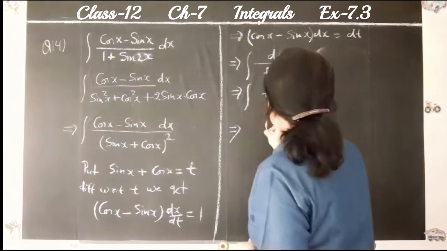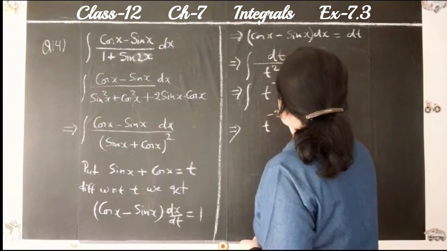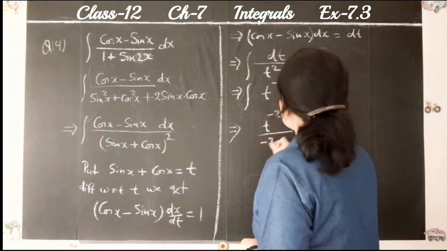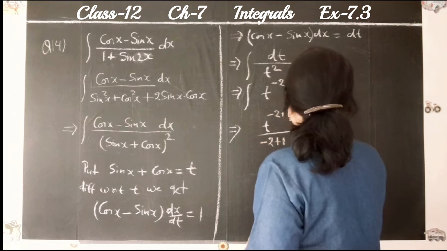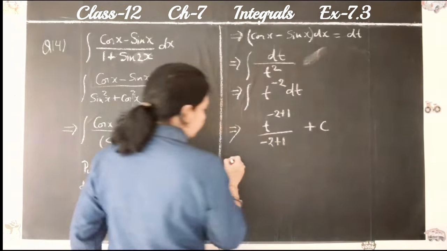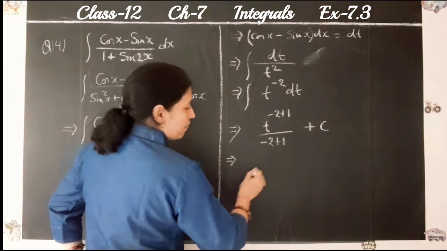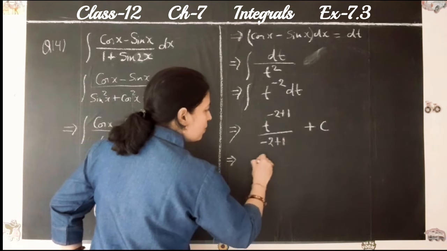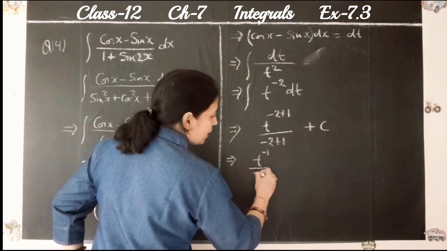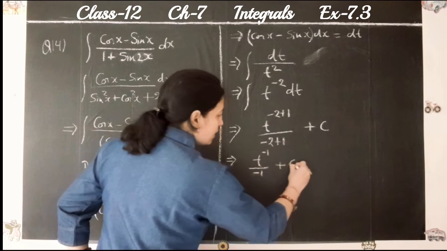So it will be t to the power minus 2 plus 1 divided by minus 2 plus 1, and write a constant c. Then it will be t to the power minus 1 divided by minus 1 plus constant c.